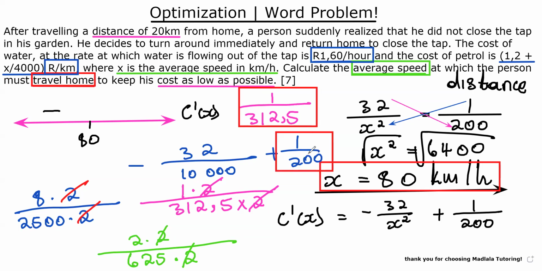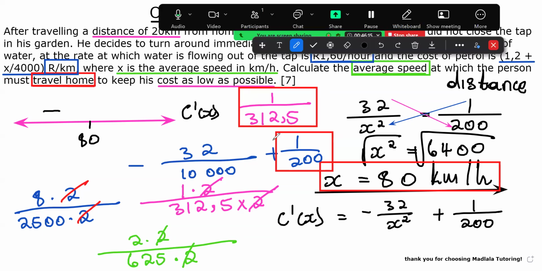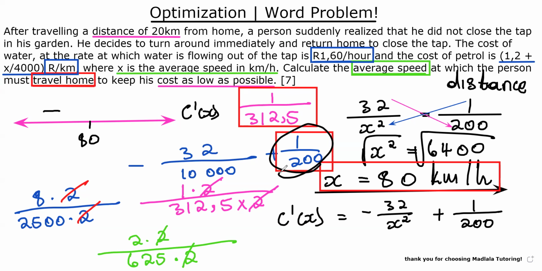For the same numerator of 1, it means this one is going to be less than that one. I think I might have made a mistake when I first said this one is going to be greater than that. Yeah, no, I was wrong, guys. So this one is actually smaller than that one.